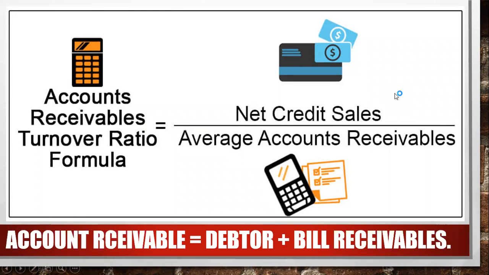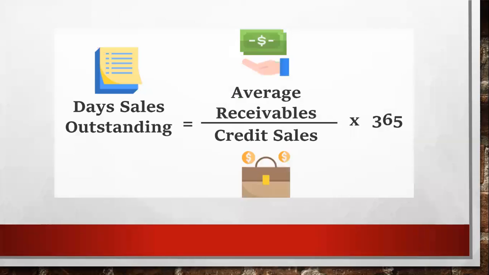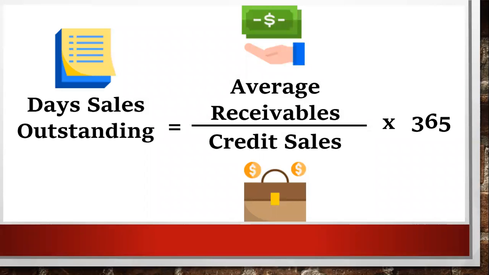Okay. So next is debtor collection period, that is days sales outstanding. This is the second name, debtor collection period. The formula you have to reverse.